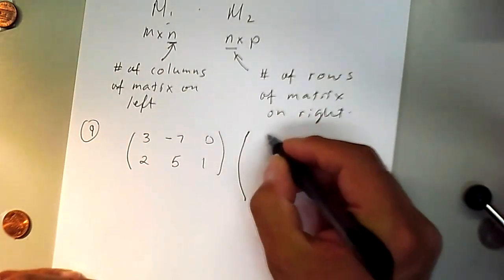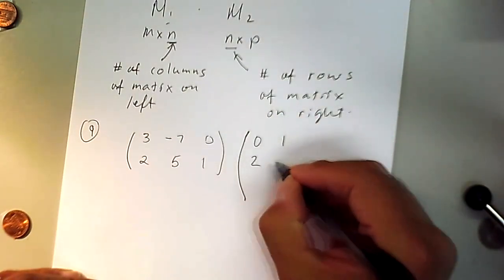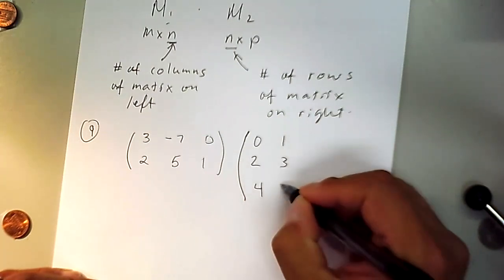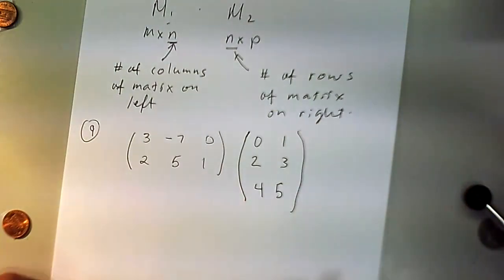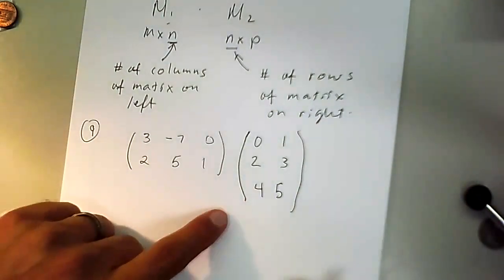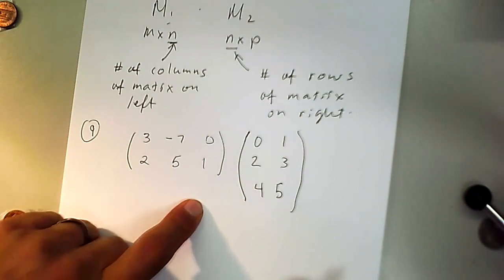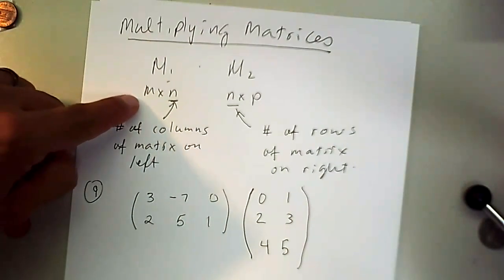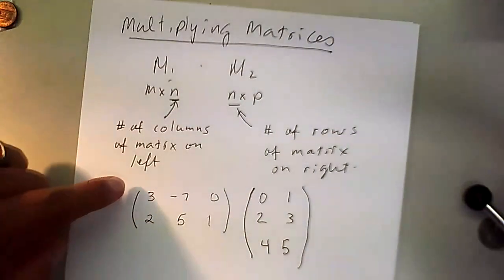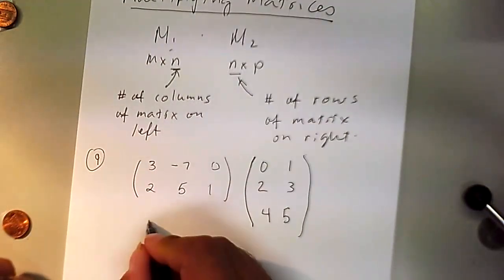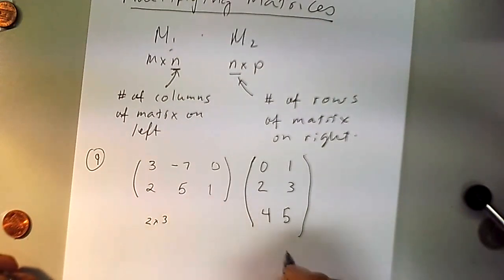Let's keep things simple. So 0, 1, 2, 3, 4, 5. There we go. The resulting matrix of this multiplication will be a matrix that is, in general, M by P. So this is 2 by 3. This matrix is 3 by 2.